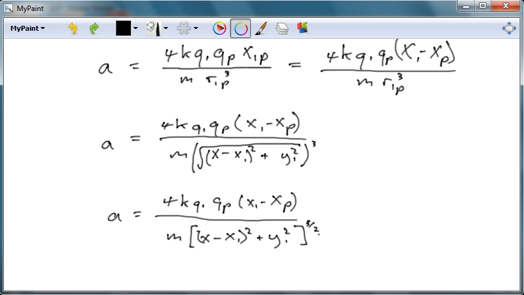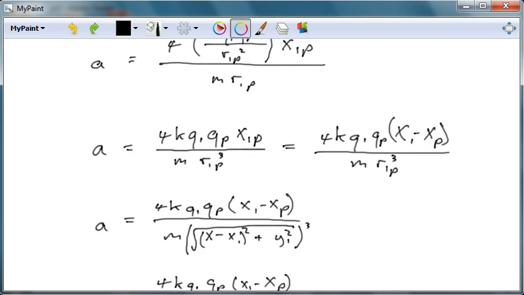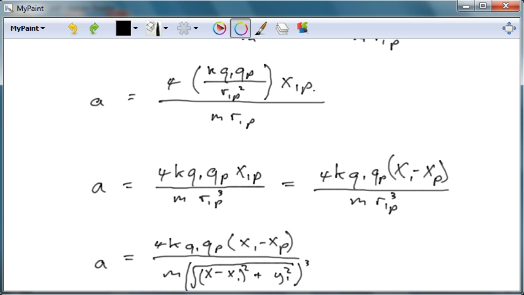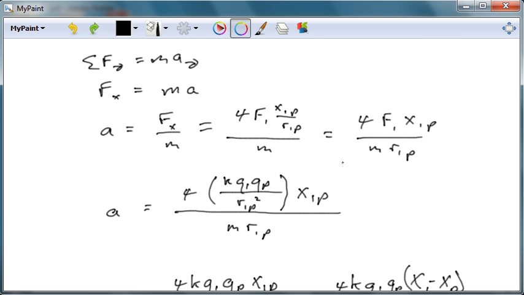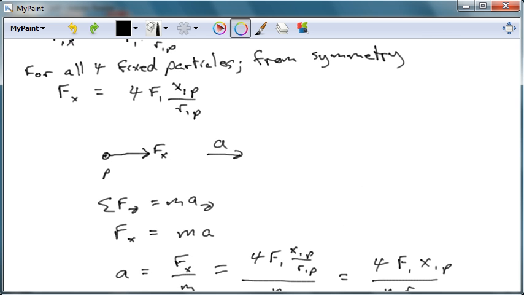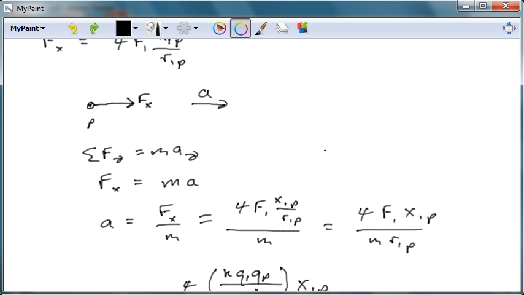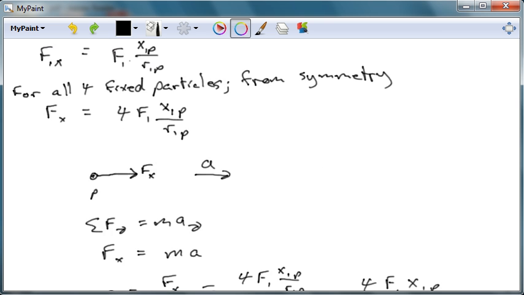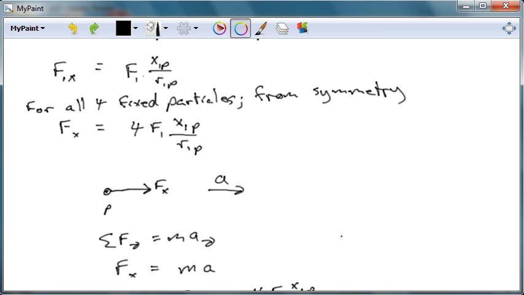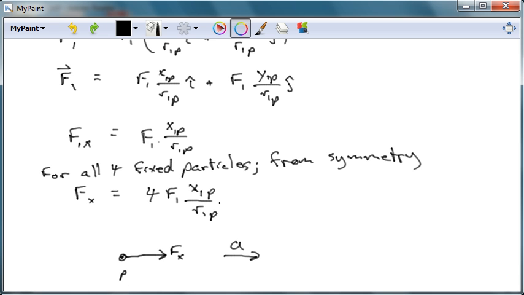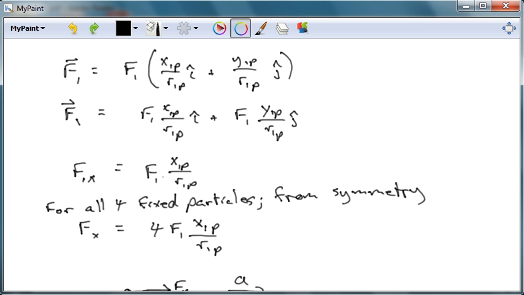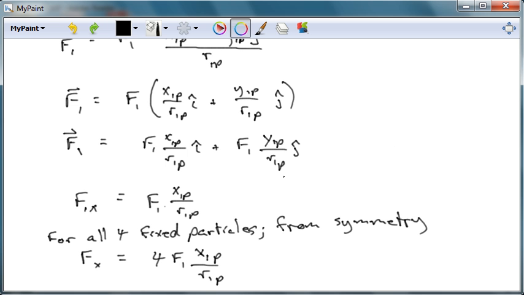I think I do want to use just the symbol x. So let's see how this x1 to p came about. To me, that should be xp minus x1. Let's see where I got that. We got it in fx. x1 to p right there.